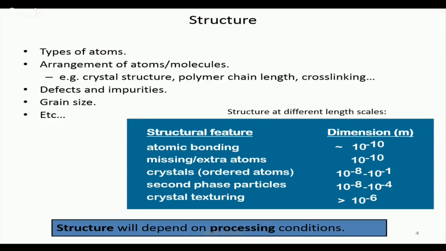These molecules can arrange in a regular fashion to make it crystalline, or in a random fashion to make it amorphous, or they can be much longer chains, as is the case for polymers, and these chains can be interlocked by cross linking. There could be defects during processing, extraction, or synthesis, and there could be impurities. So you cannot avoid the defects and impurities.